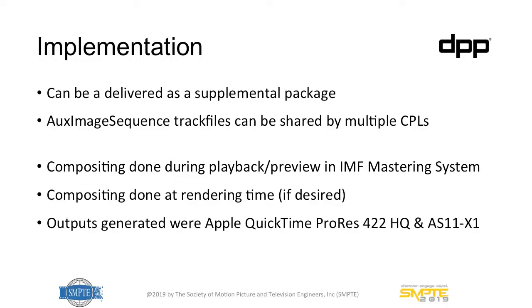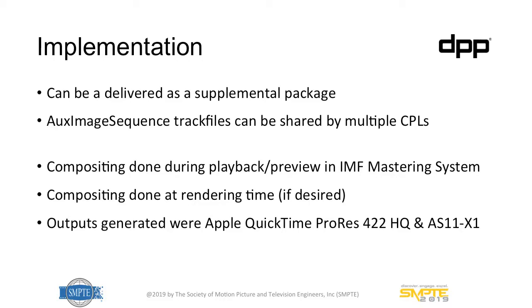Of course, the same auxiliary image sequence can be shared by multiple composition playlists. So at this level, we're simply taking advantage of the IMF mechanism to produce content. And the compositing is done on the fly during playback on an IMF mastering system, or of course during rendering time when you actually need to output your air masters for broadcast or streaming.